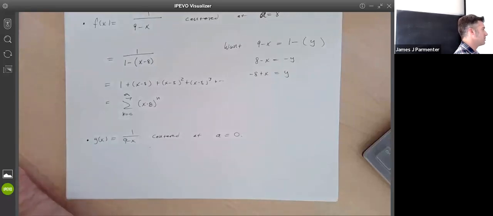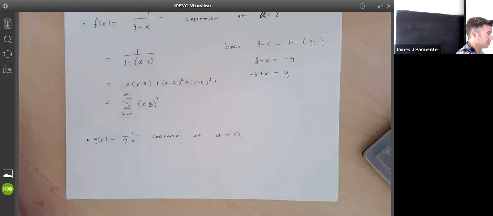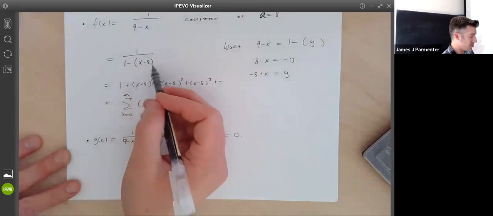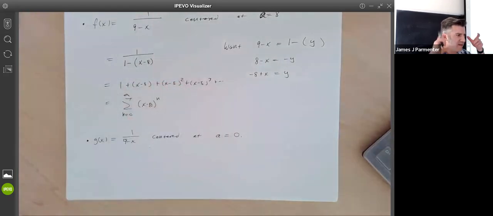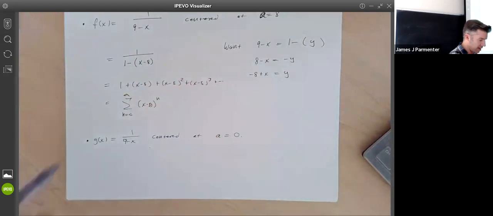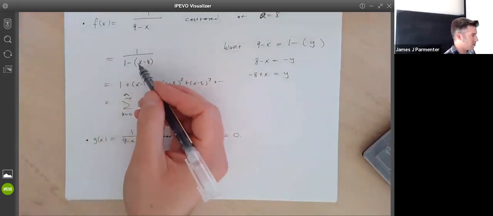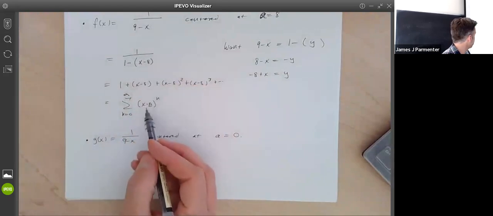So the trick for doing one like this is, I still want it to look like 1 over 1 minus something. The something I want is something that when I plug in 0, I get 0. In the previous one, it was something that when I plug in 8, you get 0 in that part. Basically, I think of the center as being if you plug that number in, the thing you're looking at is going to be 0.